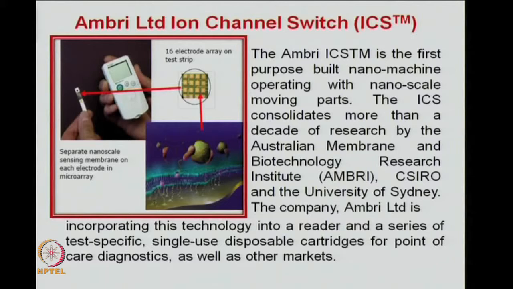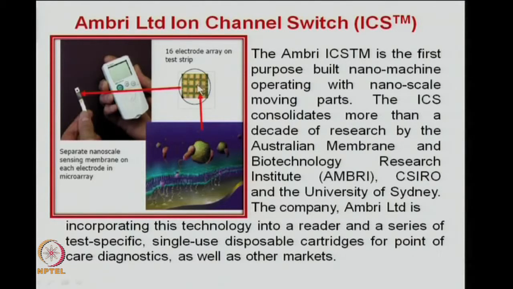This is another product which has been made by another company called Embry ICS TM, and here what it has is there are these cartridges which have these electrode arrays on these strips, and these arrays act as biosensors, and so if you add a drop of blood or urine, it can identify certain markers which will tell you about an impending disease, like if there is an increase in the blood sugar level or an increase in some particular protein which is normally enhanced before a cardiac arrest.